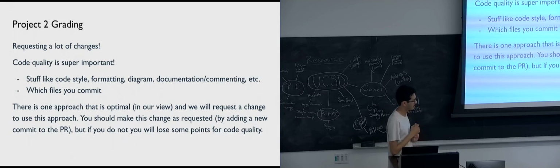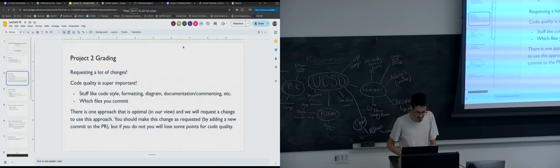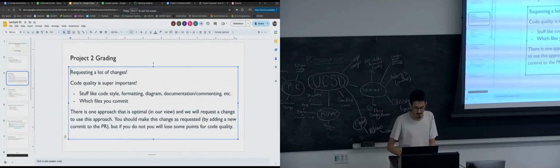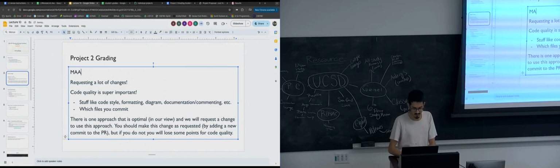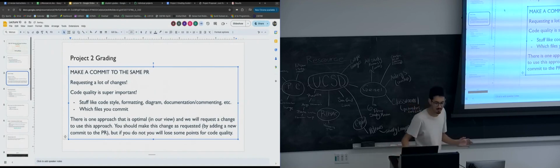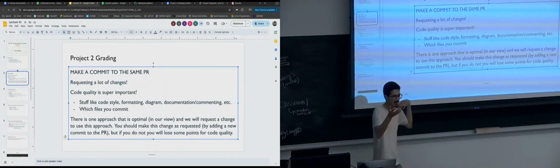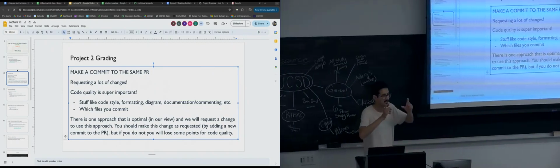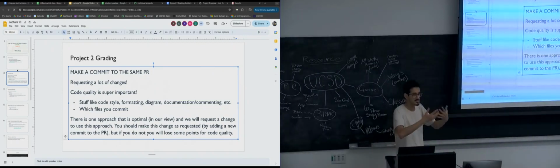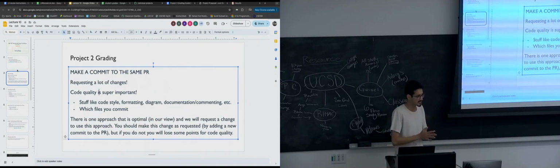I thought I was going to say one more thing here, but oh yeah, the last thing. Make a new commit to the same PR. Rather than closing your existing pull request or deleting it and making a new one, you can just add another git commit to the same branch that the pull request already exists in, and then we'll be able to see those changes.